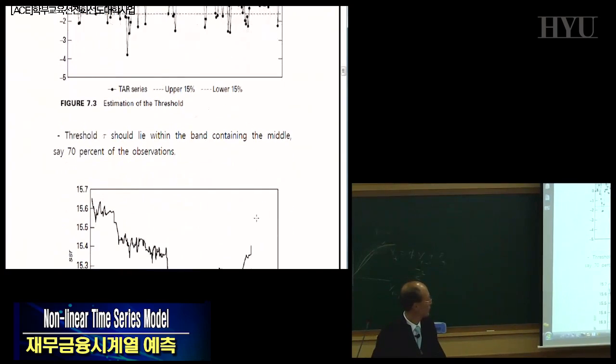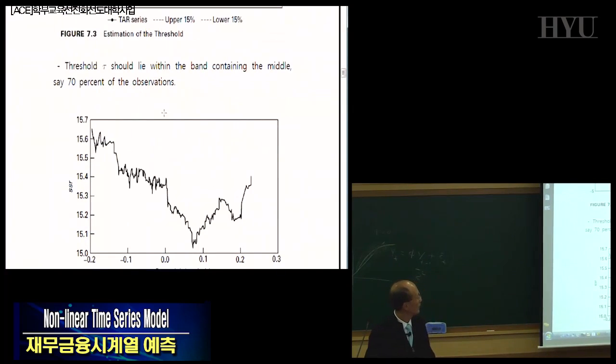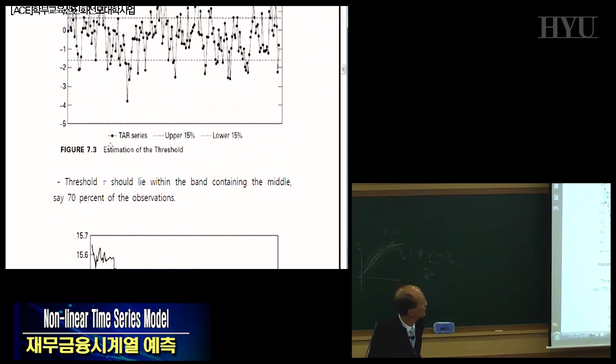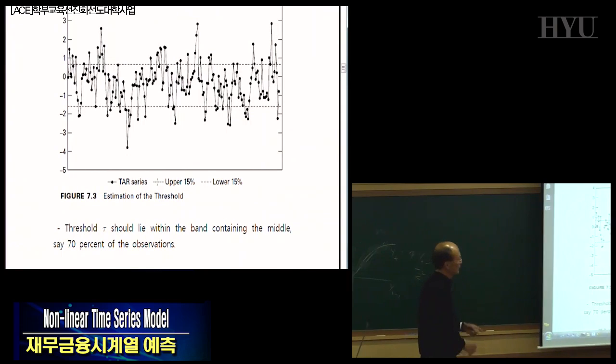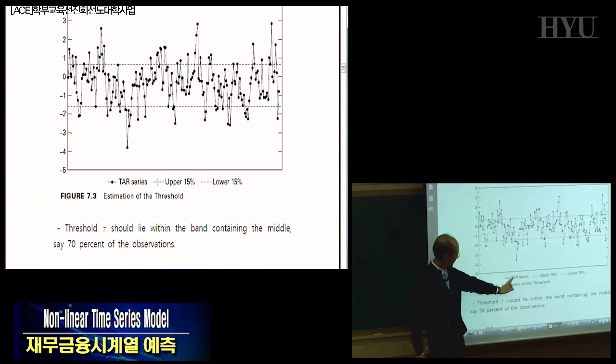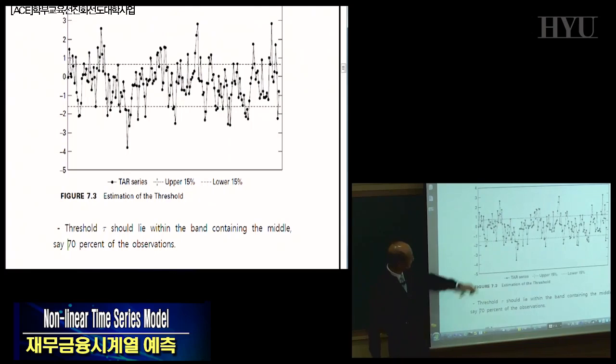Andrews suggests that the threshold value tau should lie within the band containing the middle 70% of observations. From experience, to have a meaningful TAR class model, the threshold lies somewhere in between here and there.